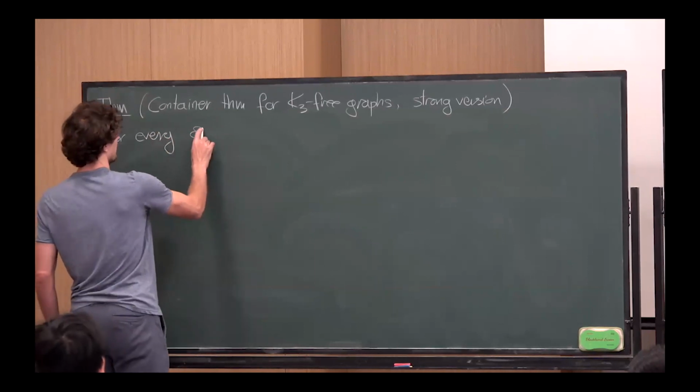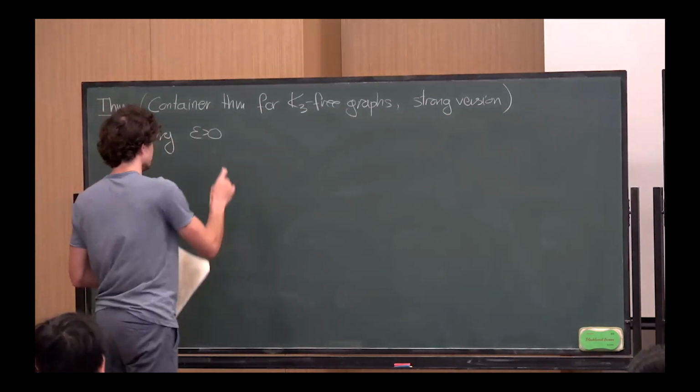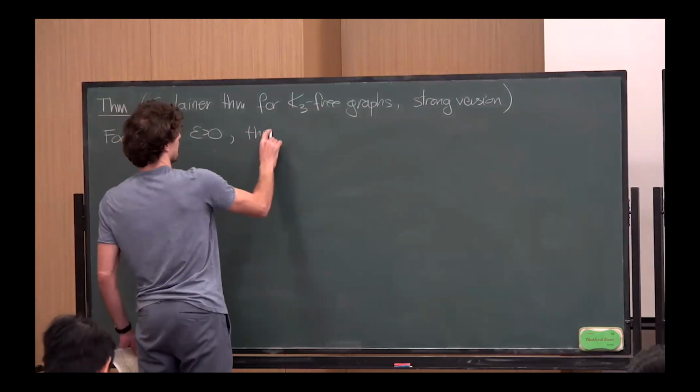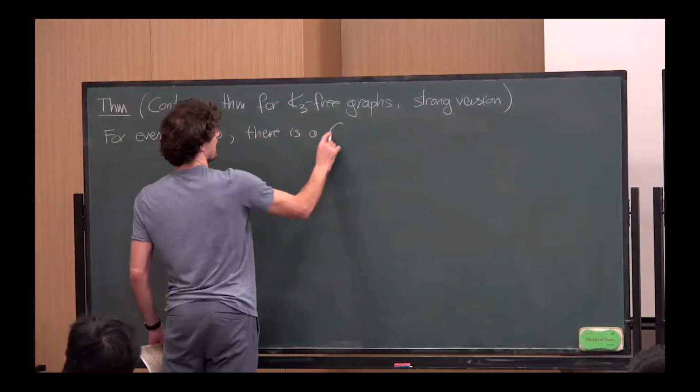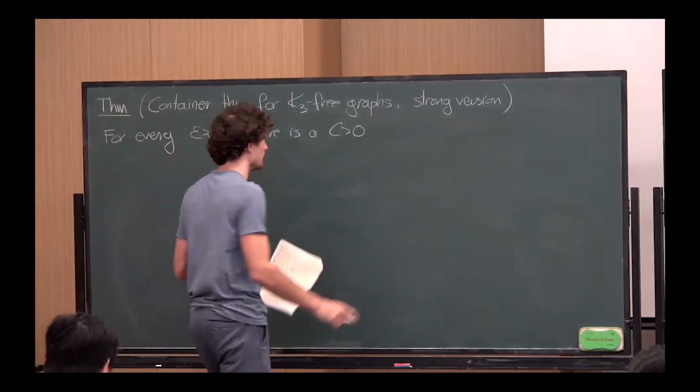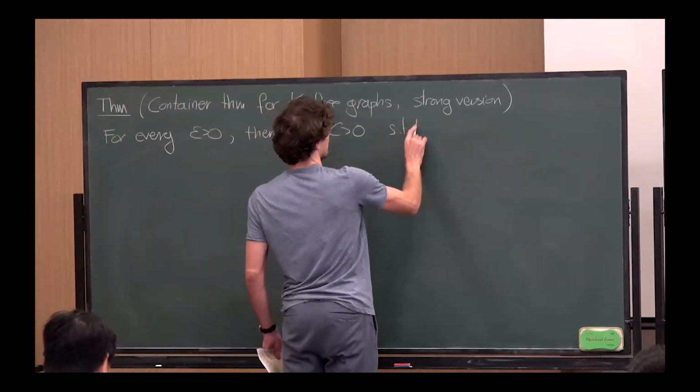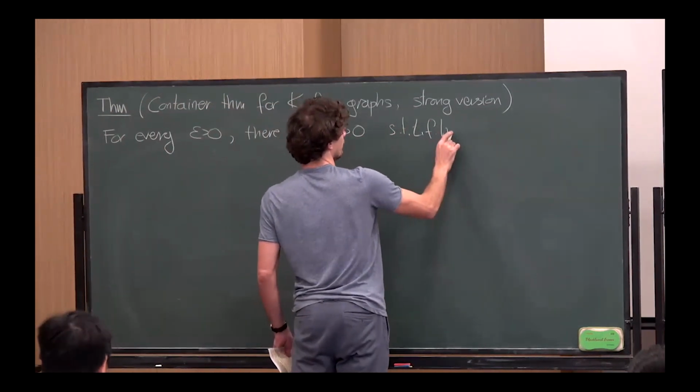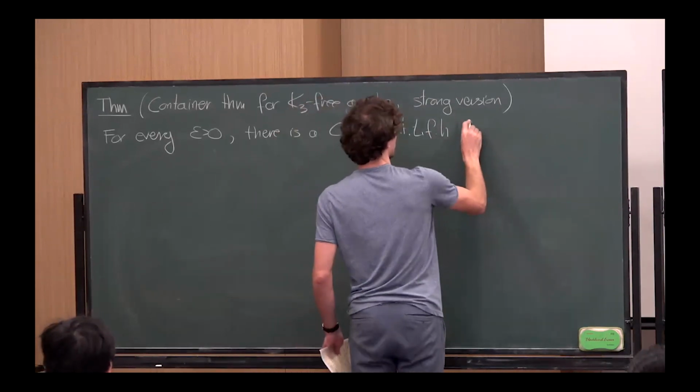So the statement is, again, for every epsilon, there is a positive constant C such that the following holds for all n.